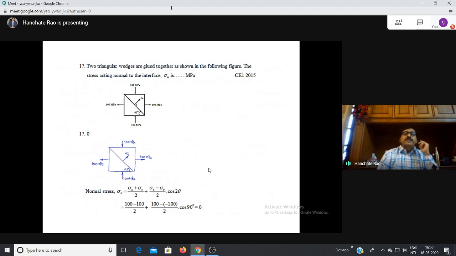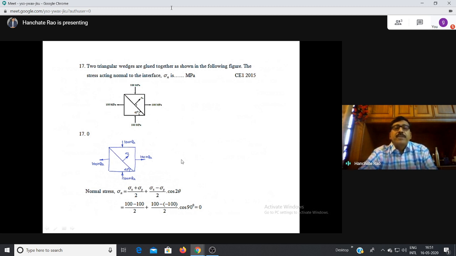Two triangular wedges are glued together as shown in the following figure. The stress acting normal to the interface, sigma n, is so simple. He has given sigma x, he has given sigma y, and he wants us to find out sigma n. So this is (sigma x plus sigma y) by 2 plus (sigma x minus sigma y) by 2 cos 2 theta.